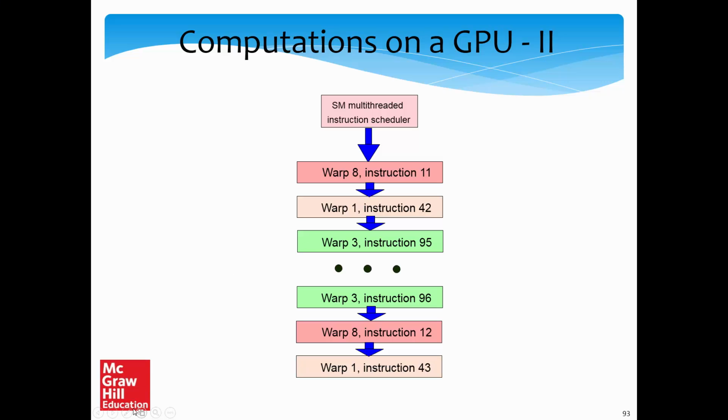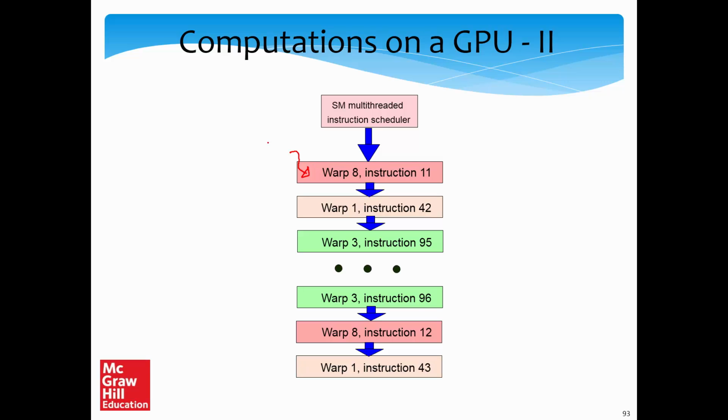So let us look at an example computation on a GPU. Let us assume we have an SM multi-threaded instruction scheduler, and this is the schedule it produces. So let's say we start out with warp number 8, we execute instruction 11. After executing one instruction fully for all the 32 threads, the GPU is free to choose another warp.